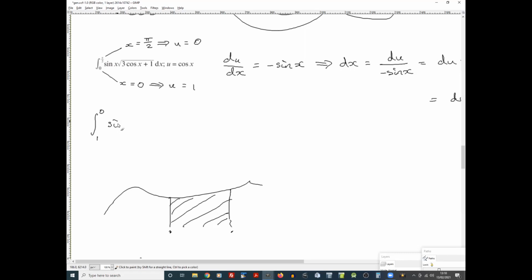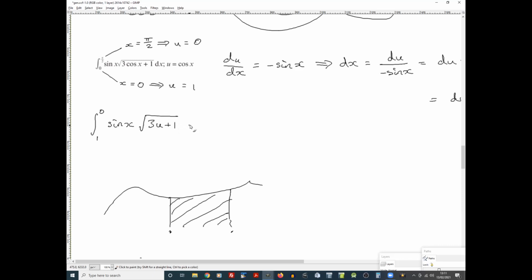And then we've got, well, let's leave sine x alone because we've got a hunch it's going to get taken care of in a minute, times the square root of 3u plus 1.